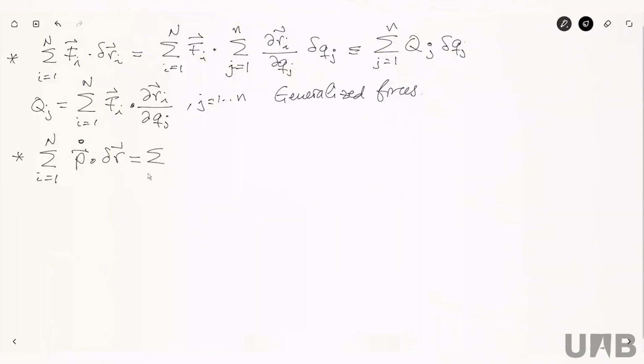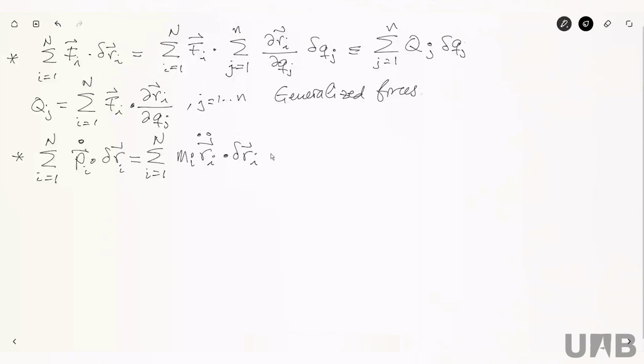So this is the sum from i equals 1 up to capital N, the mass of each particle, the acceleration of each particle, times this virtual displacement delta R that I computed. Actually here I forgot an index, because if there are n particles, there will be n momenta.